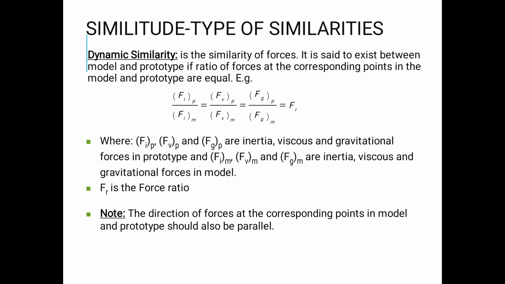Dynamic similarity. Dynamic similarity is the similarity of forces. It is said to exist between the model and prototype if the ratio of forces at the corresponding points in model and prototype are equal.